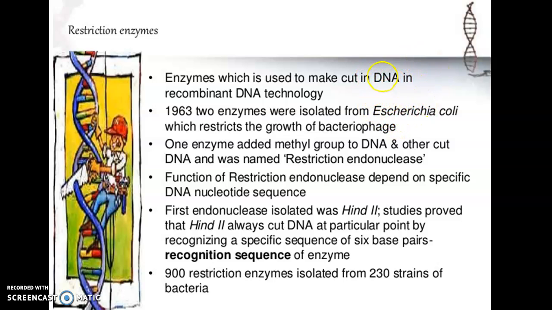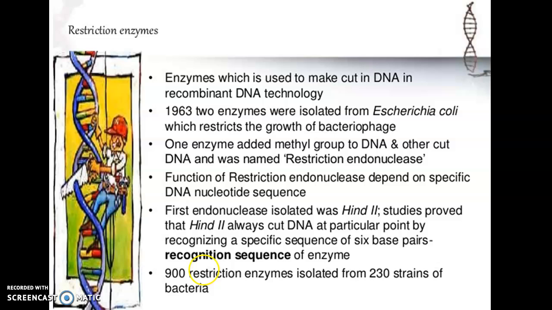This restriction enzyme was first isolated by Wyman and Arber. Then the first endonuclease type of enzyme isolated was HindII. It was found that HindII always cuts the DNA at a particular point or sequence of the DNA of any organism.